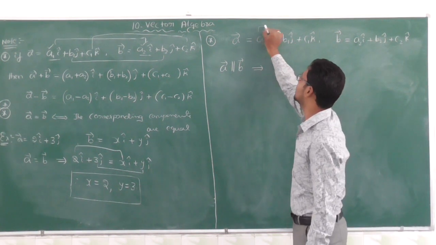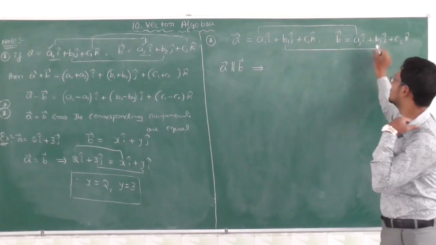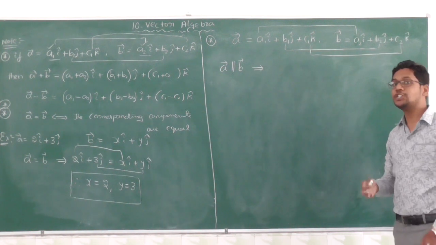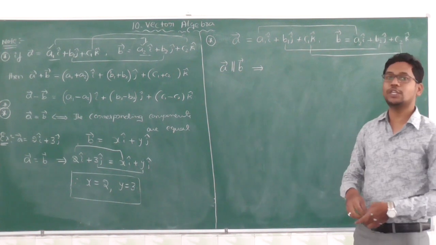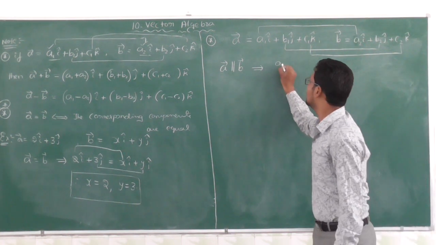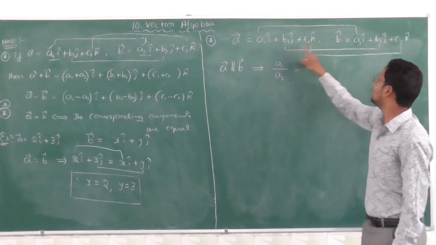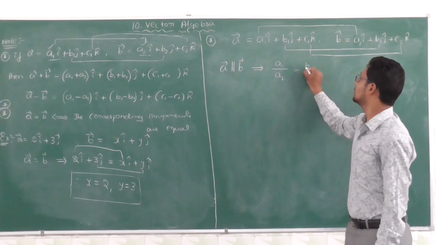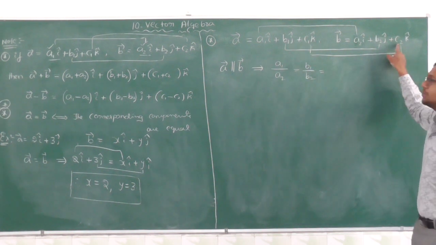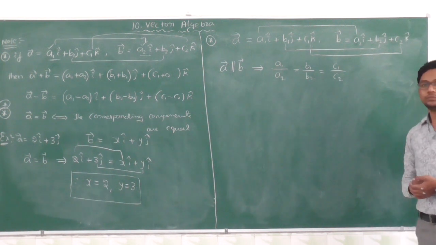You just see the ratio of the i next, j next, k. The ratio is nothing but p by q form. A1 divided by A2 equals, next, B1 divided by B2 equals C1 divided by C2.